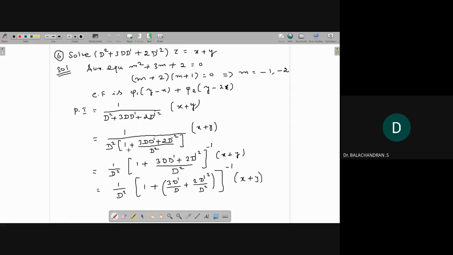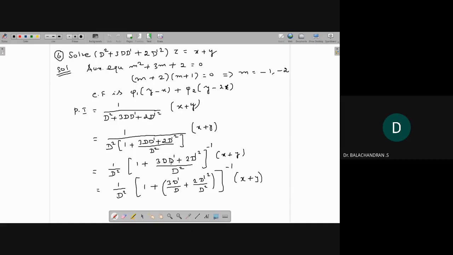Now I'm going to write this 1 plus x in the numerator, that is 1 plus x whole power minus 1, and you know the formula for 1 plus x whole power minus 1: 1 minus x plus x square, and so on. Before that, I'm simplifying the x part.